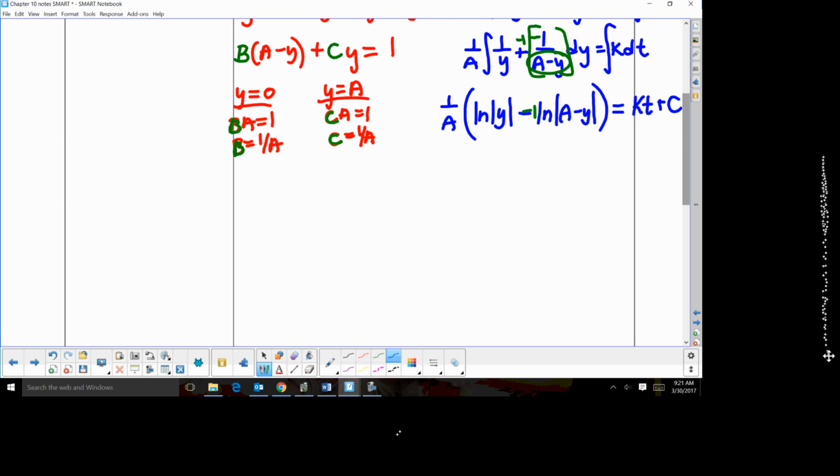So let's multiply by a and simplify the ln's all together in one step. Good? Okay, now what? Just e it.